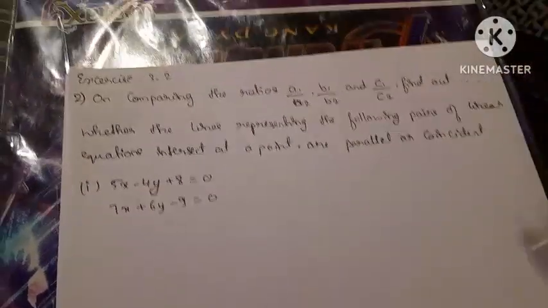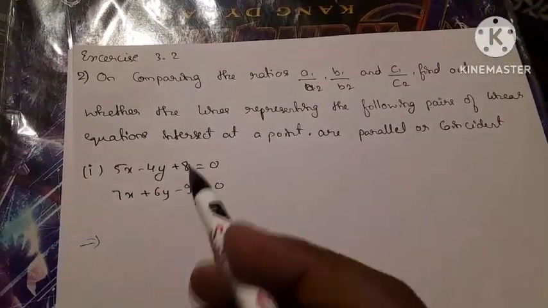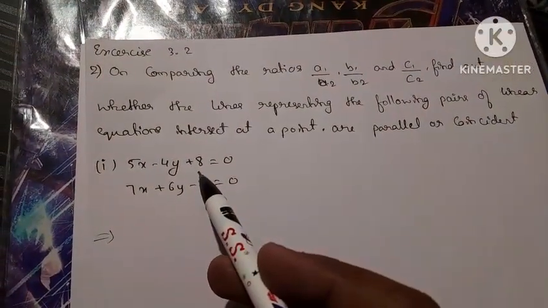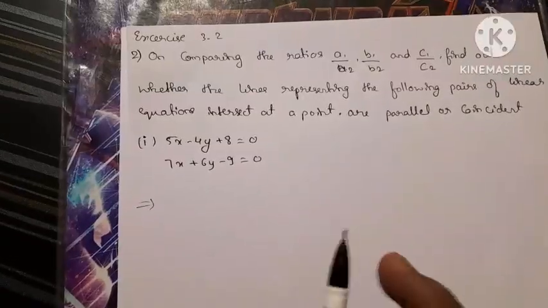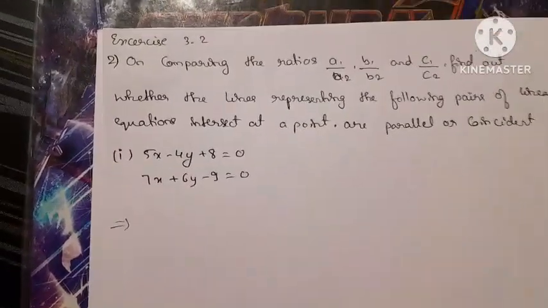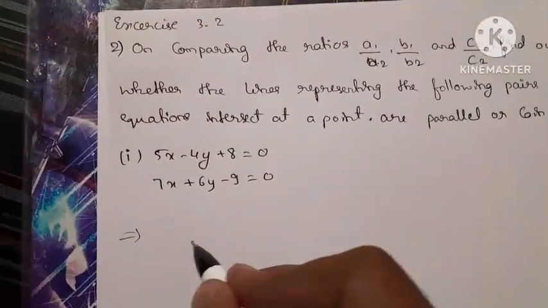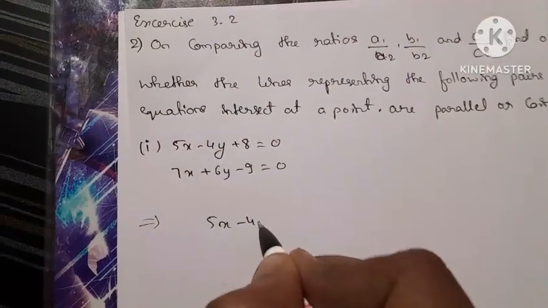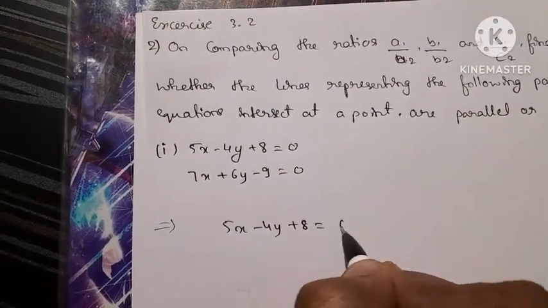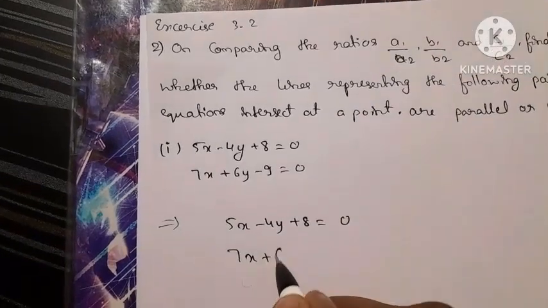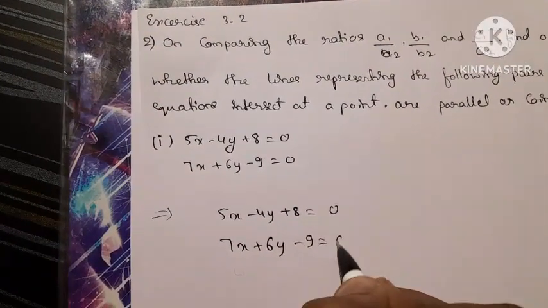Let's continue the question. So there are two given lines here. So we'll begin the second question. Now they have given two equations which are 5x minus 4y plus 8 equal to 0 and 7x plus 6y minus 9 equal to 0.